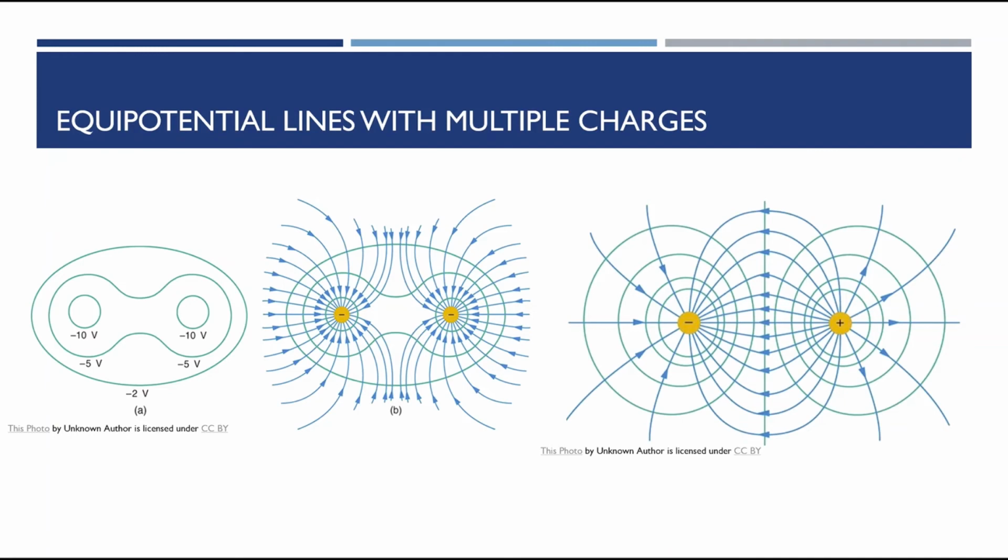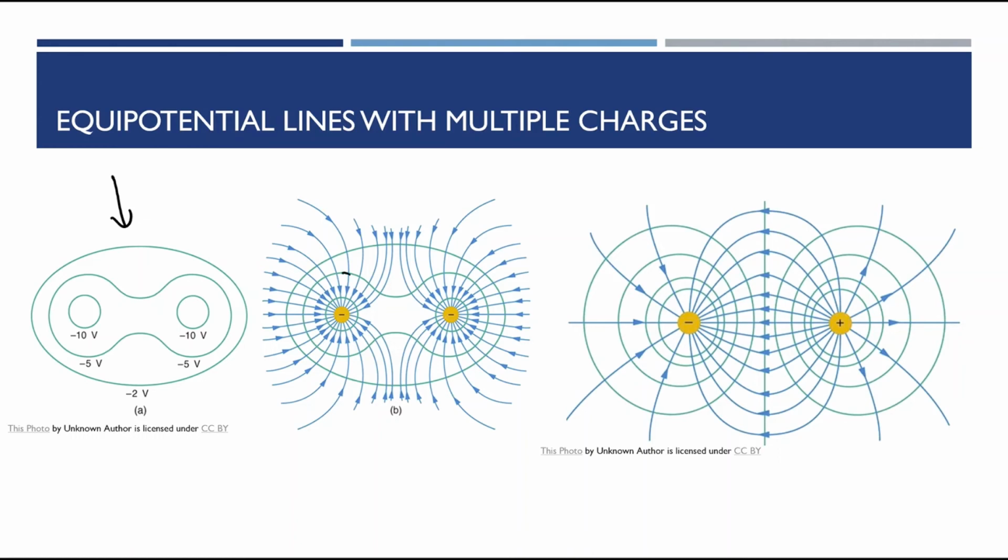So if we have multiple charges, that will sort of change our equipotential lines from looking just like our plain circle to looking a little bit more different, to something like that, like a little Ninja Turtle with a mask. So just remember that equipotential lines represent a place where the electric potential or the voltage is the same.